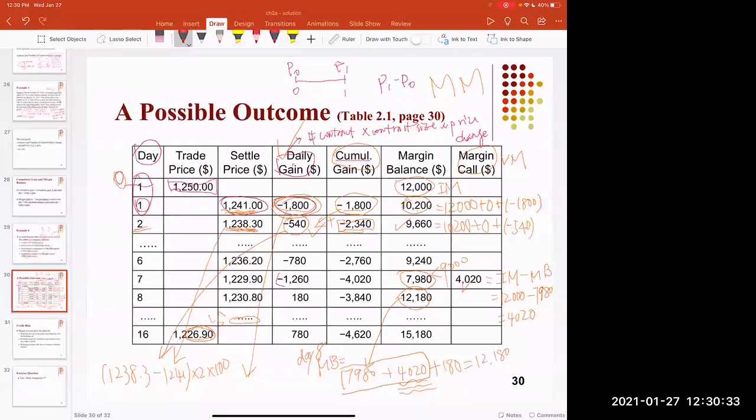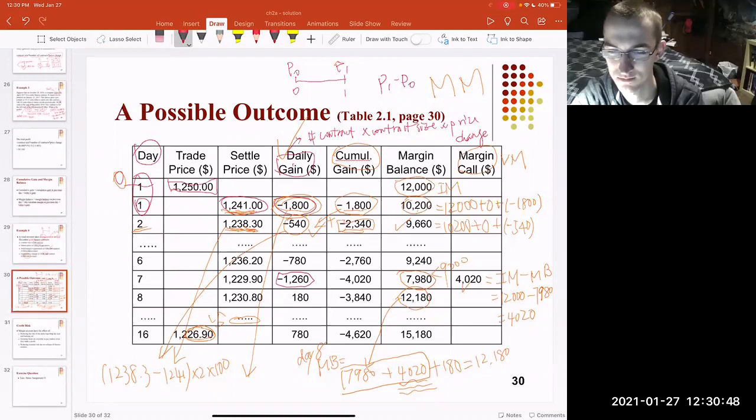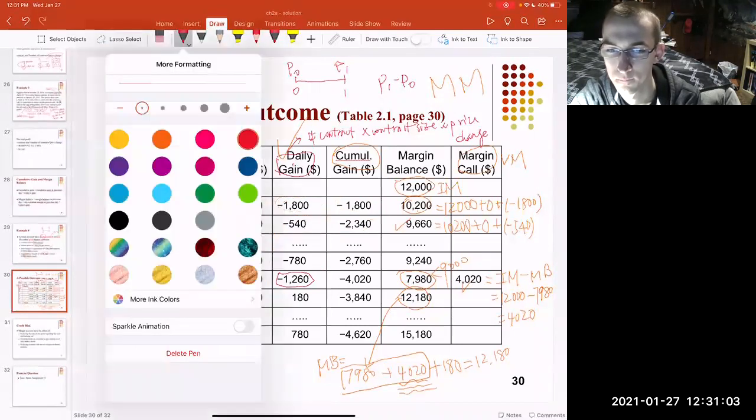How to get this number? Anybody can answer me? Did you see my red color? Let me erase other notes so you can see my question. Can you see my note?